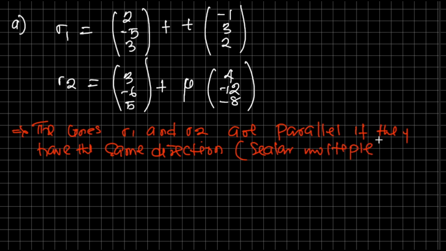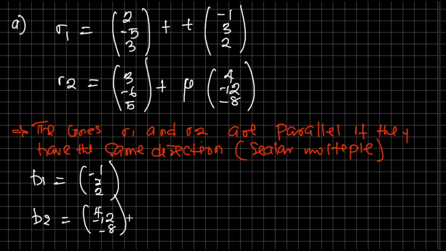Look at the direction of the first one. b1 is (-1, 3, 2), and b2 is (4, -12, -8). If you factor out 4, we have (-1, 3, 2), which is equal to -4 of b1.